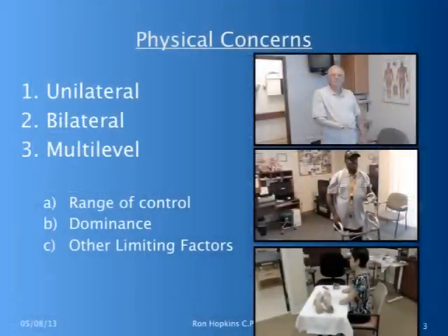The unilateral is generally a pretty straightforward case. One of the things I always lecture to the therapist, and they always ask me, is how do I measure whether this is going to be a good outcome patient? Well, if the patient can perform 4 gross spatial motions, they're probably going to be a successful user.